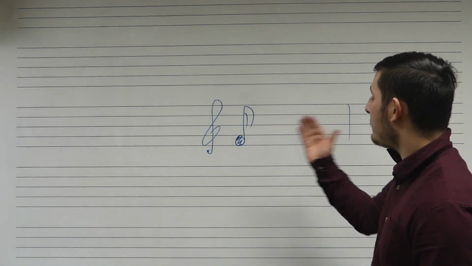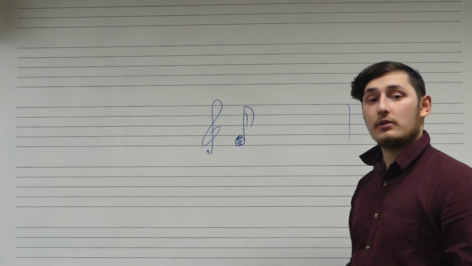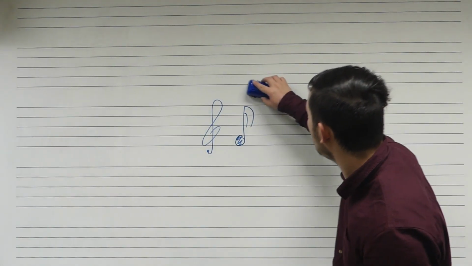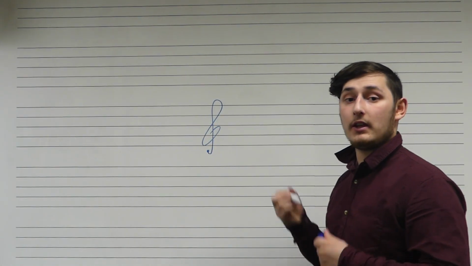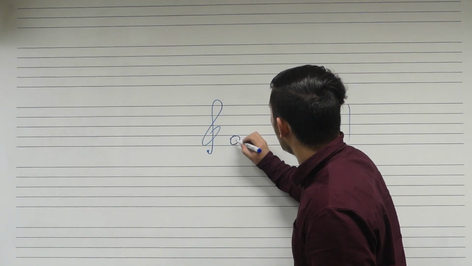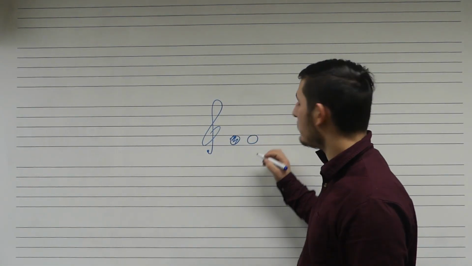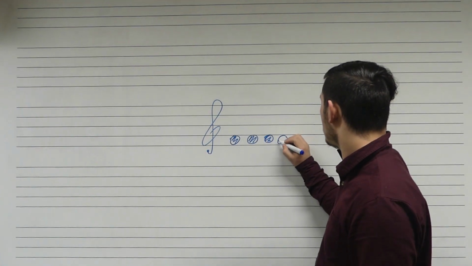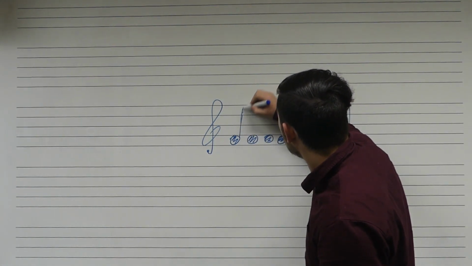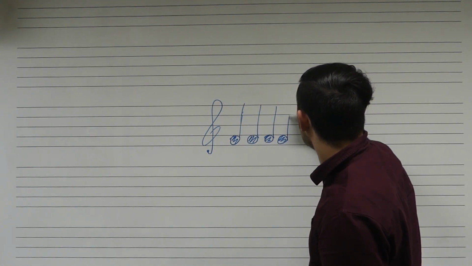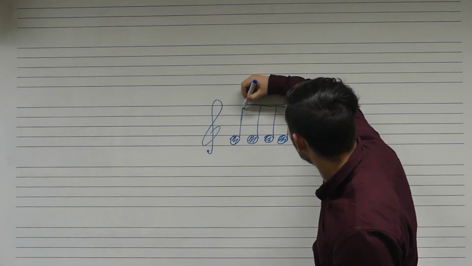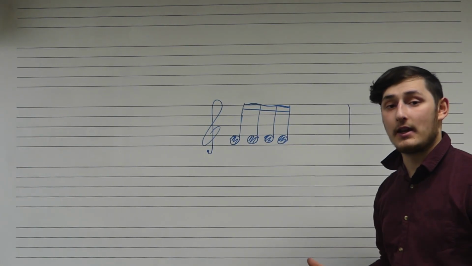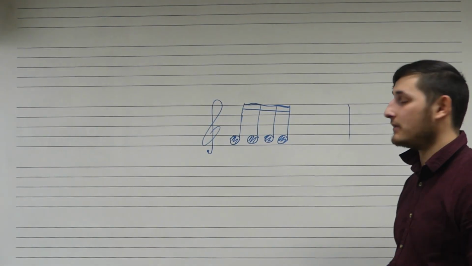This means 4 semi-quavers equals 1 crotchet, or 1 beat. Similar to the quaver, when we have 2 or more of them, up to 4, because that equals a beat, then we beam them, but instead we have 2 beams. And that's how we identify them as semi-quavers.